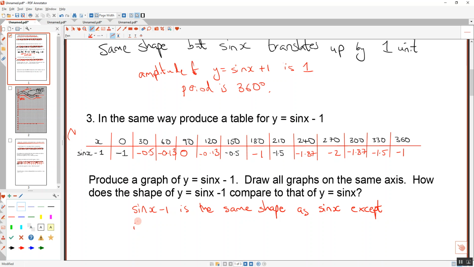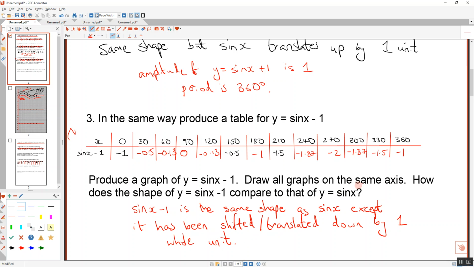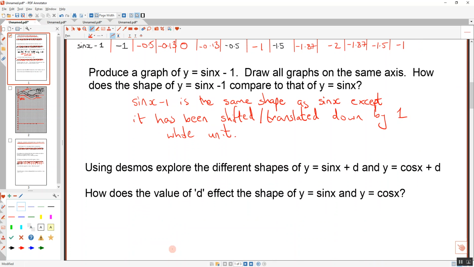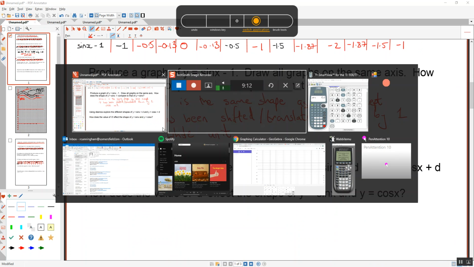It has been shifted, or the proper word that we should use is translated, down by 1 whole unit. Okay, the important thing to remember is the amplitude stays the same and the period stays the same.